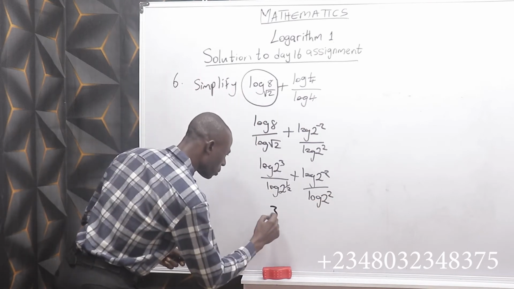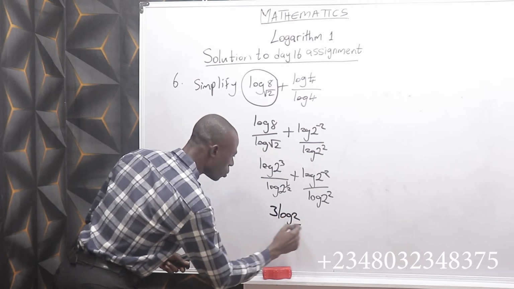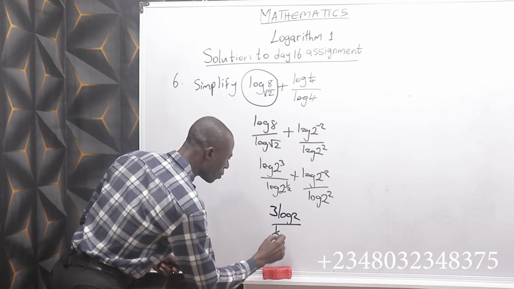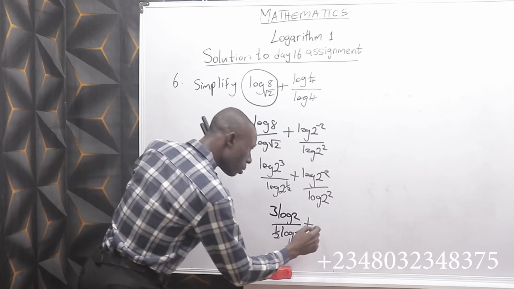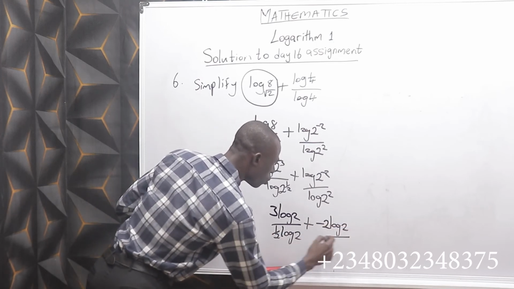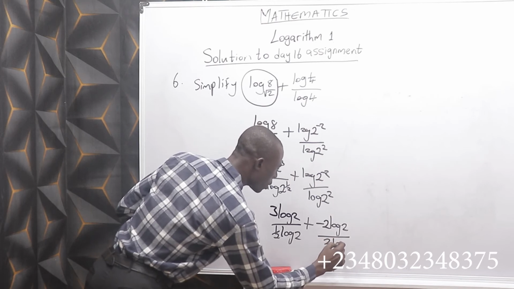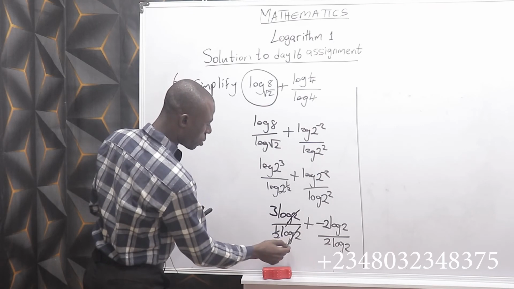Bringing this back to the back, 3 log 2 over half log 2 plus negative 2 log 2 over 2 log 2. Log 2 will take care of log 2.